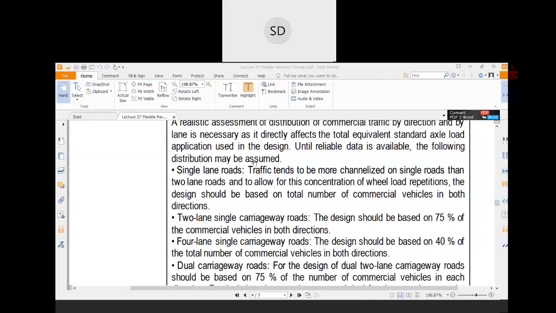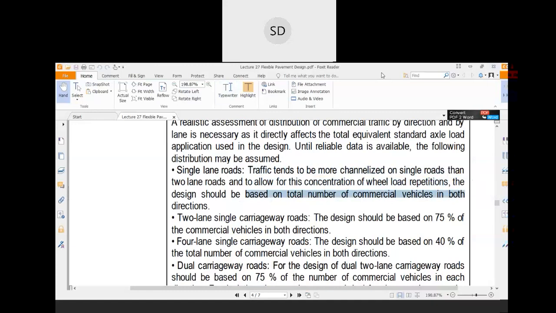Now, for single lane roads, traffic tends to be more channelized than on two lane roads, and to allow for this concentration of wheel load repetition, the design should be based on the total number of commercial vehicles in both directions.